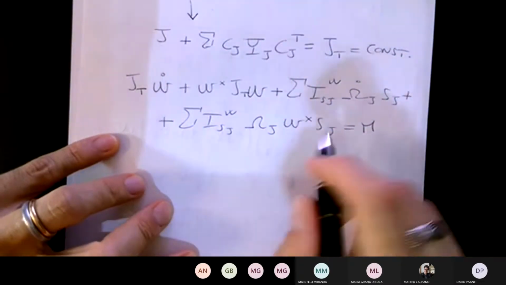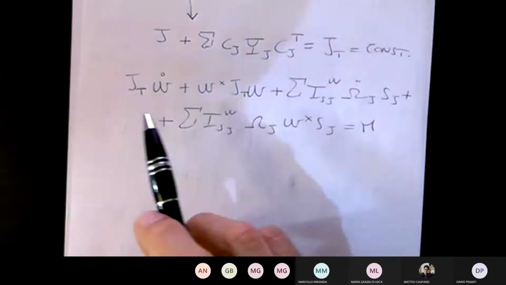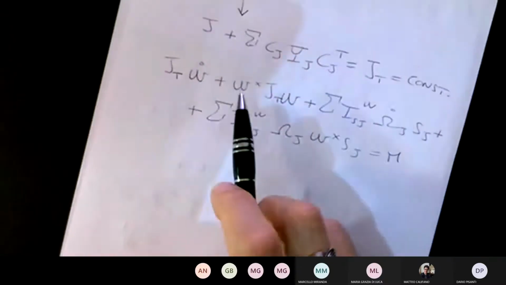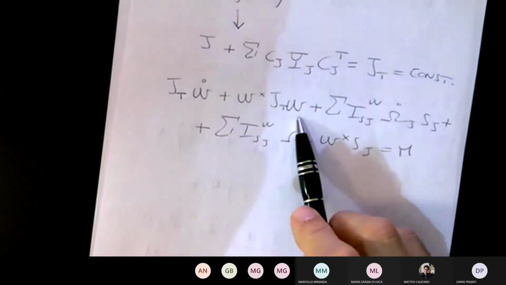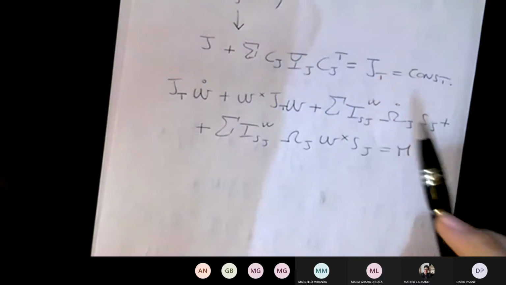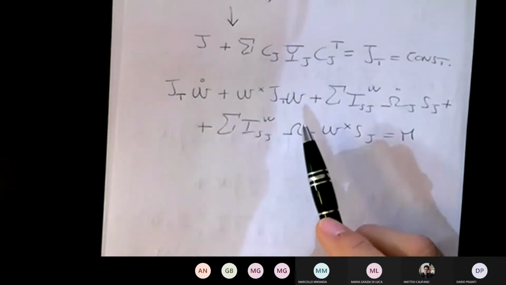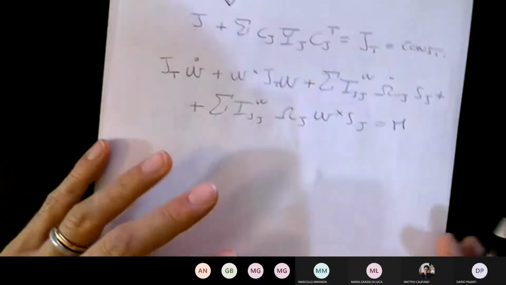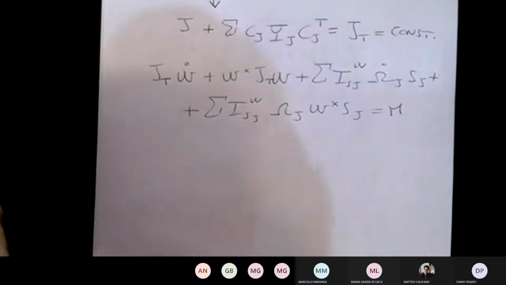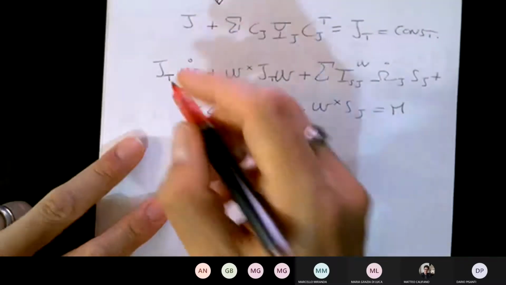Again, here I'm not underlining vectors, etc., but this is a matrix, this is a vector, matrix, matrix, vector, scalar, scalar, vector, scalar, scalar, matrix, vector, vector. Okay. So this would be the equation of motion of your spacecraft with reaction wheels.